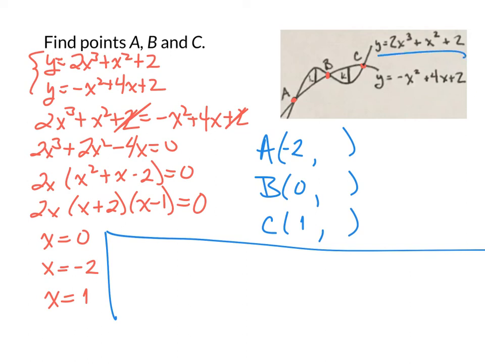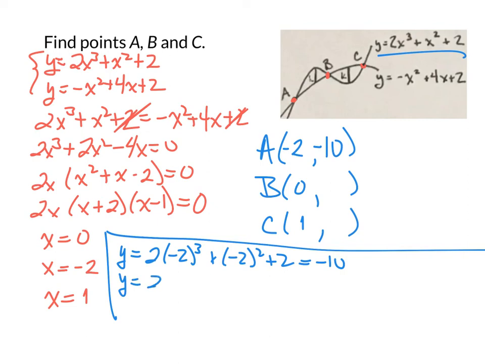So that for negative 2, y is equal to 2 times negative 2 to the third plus negative 2 squared plus 2. And we get negative 10. So that's the y coordinate for A. Do it again with 0, and we'll have 2 times 0 cubed plus 0 squared plus 2 leaves us with 2.